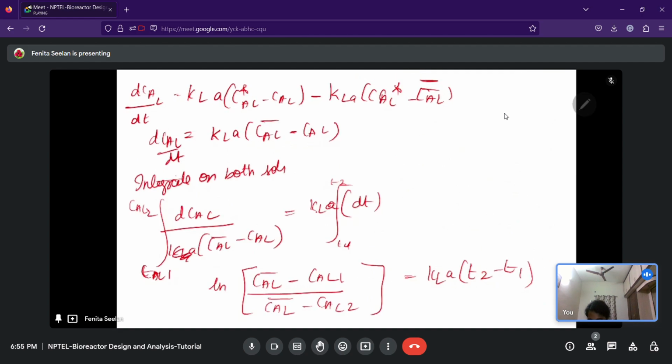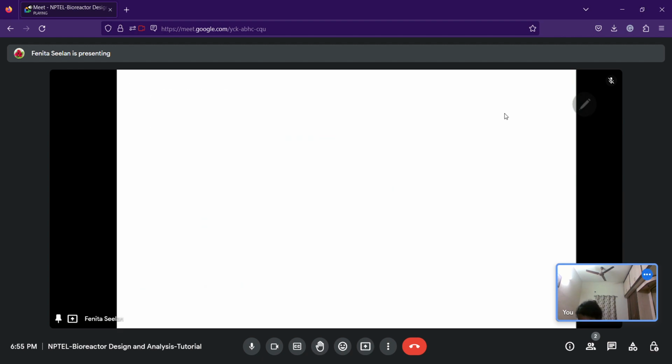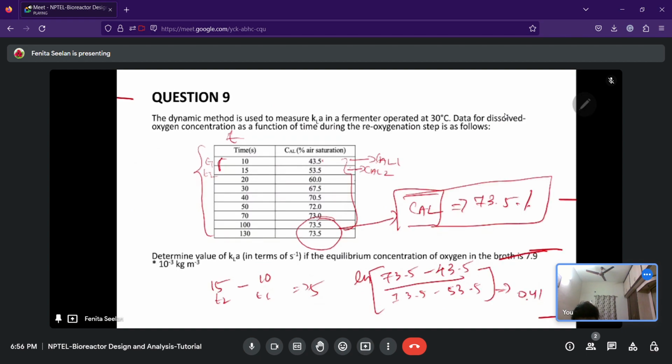I'll give you 5 minutes, so fill the table column. What is the next? T1 and T2? 20 and 15, right? 20 minus 15, the interval is 5 again.